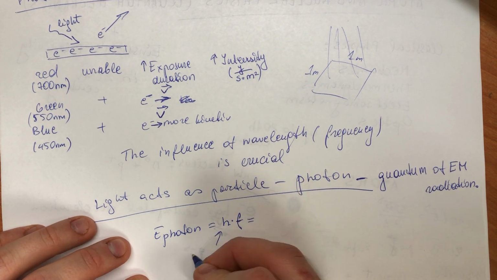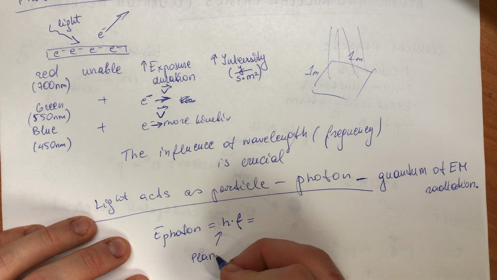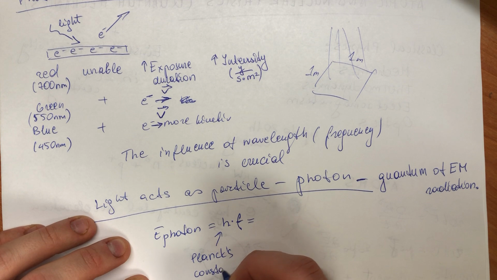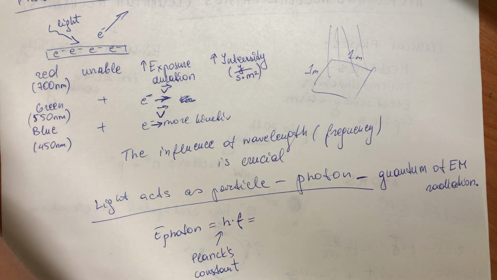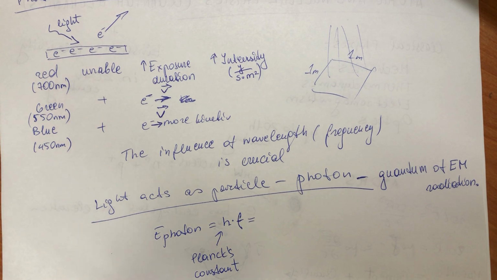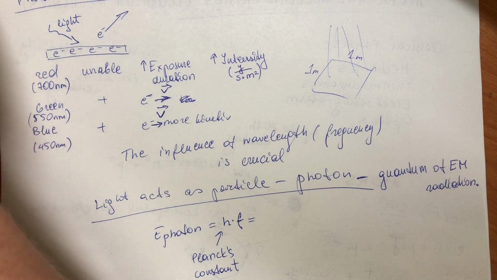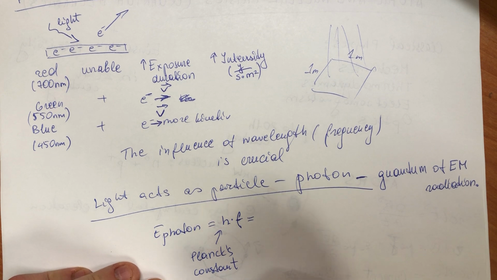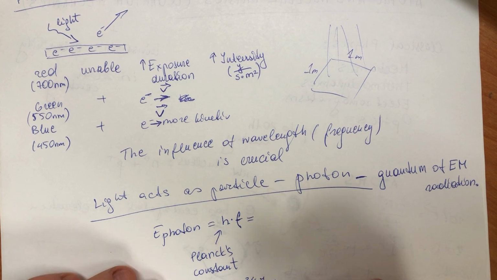Planck's constant has the value 6.63 times 10 to the minus 34 joules times seconds.